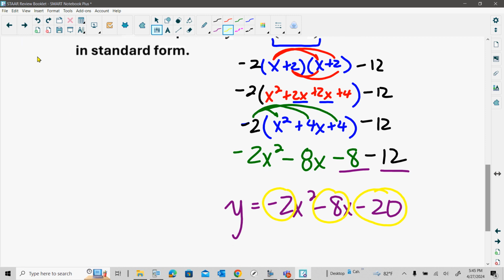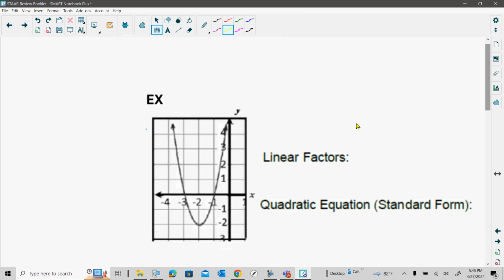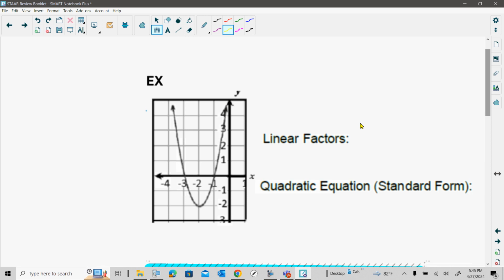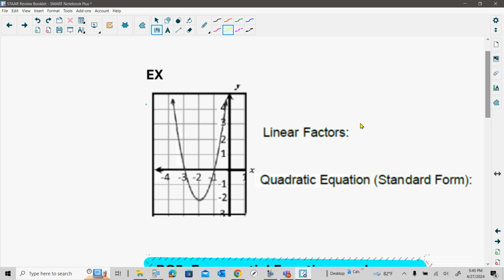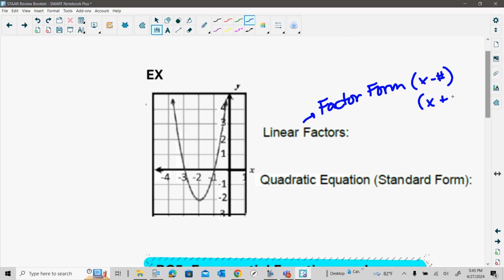And then our last little example is being able to find these parts off of the graph. So linear factor, this is basically asking you to do this in factor form. And factor form is always tied to parentheses, okay? Usually it's x minus some number, or it could be x plus some number.